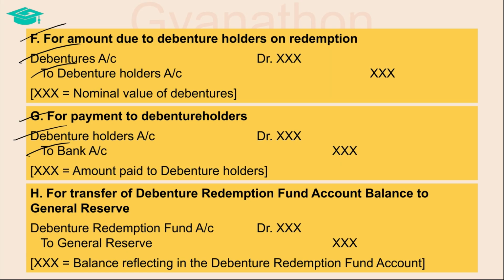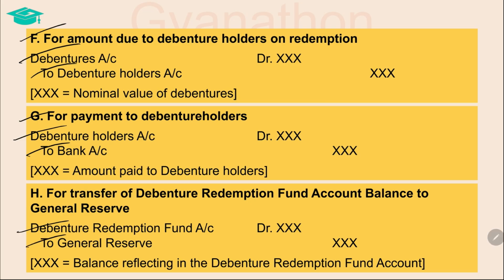And finally, once all the transactions are done, the balance in the debenture redemption fund account is transferred to the general reserve. This is done by debiting the debenture redemption fund account with the balance reflecting in the debenture redemption fund account. The corresponding credit is given to the general reserve.